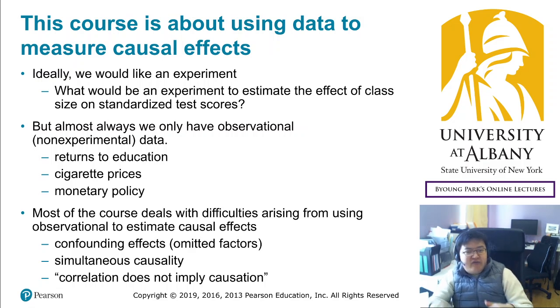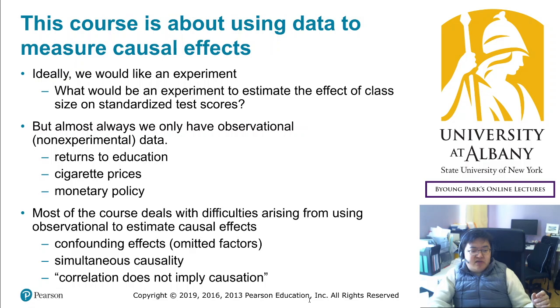Class size, if your parents are rich, for example, then they will try to send you to a school with smaller class size. At the same time, they can buy more books or may hire tutors to improve your test scores. So what we don't observe is an important factor in determining both observed variables, and we call those hidden factors confounding effects.